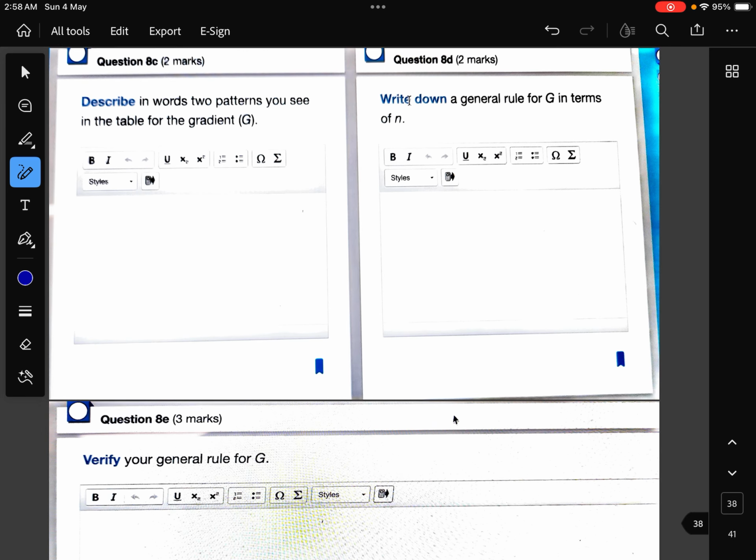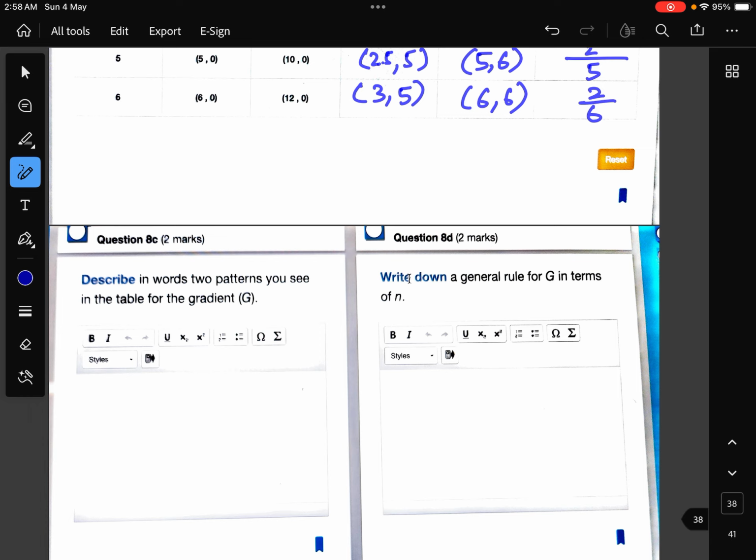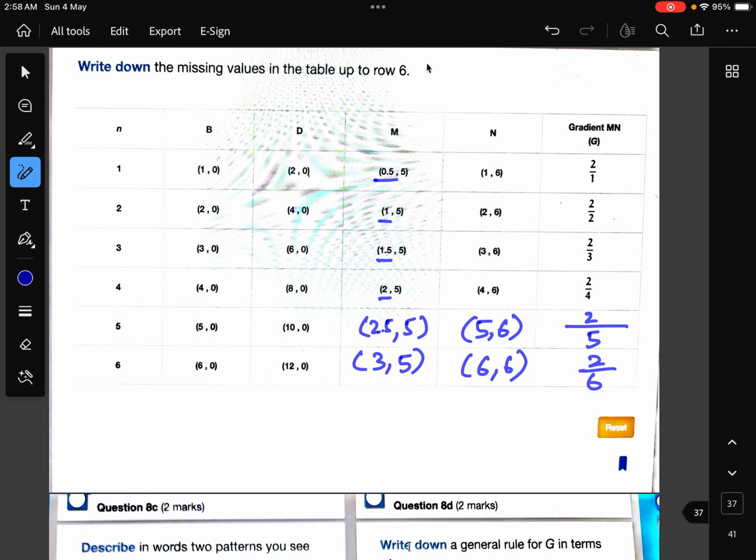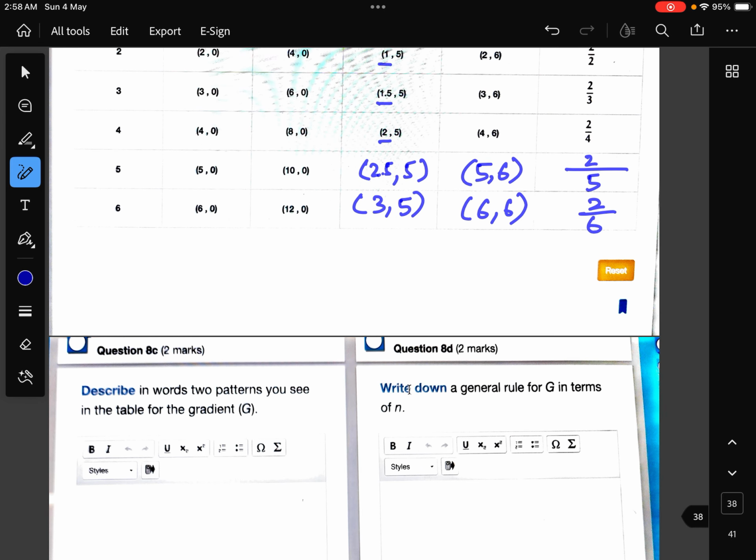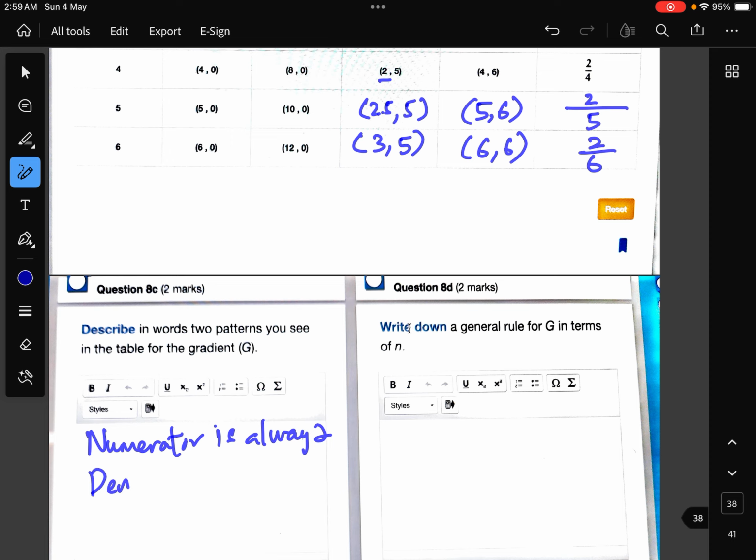It says describe in words 2 patterns that you see in the table for the gradient. So I think we can just say that the numerator is always 2, and we can say that the denominator increases by 1. I think those are 2 very obvious patterns.